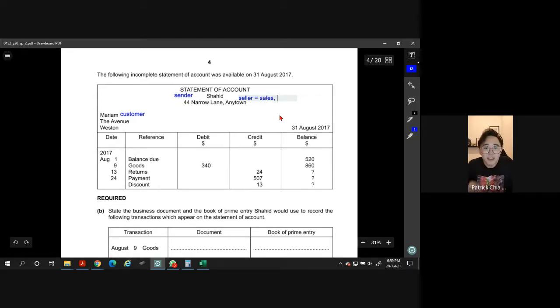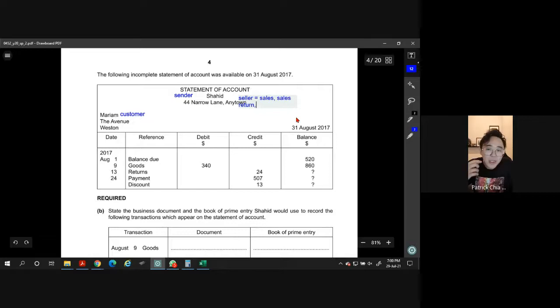So after we sell things already, if the customer is not happy, they complain, they return things back to us, what happened? What is the account related? That is called sales return. Okay. That's called sales return. As a seller, okay. So the account we need to open up is sales account, sales return account.